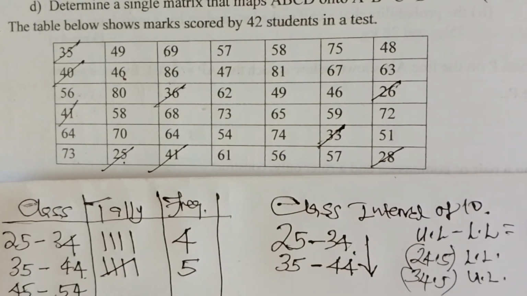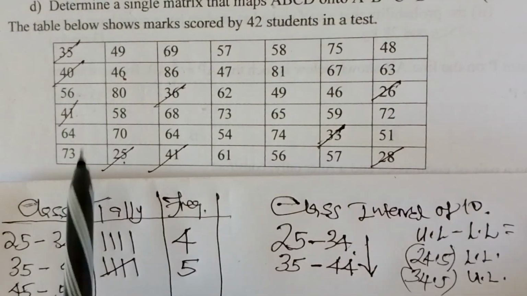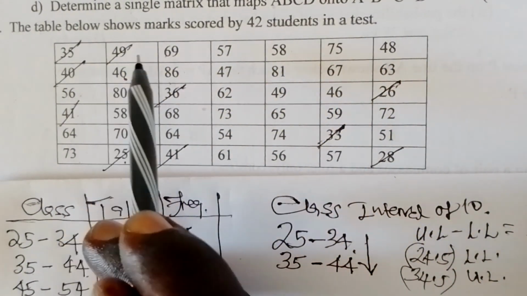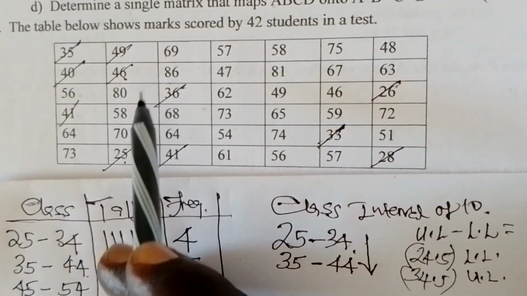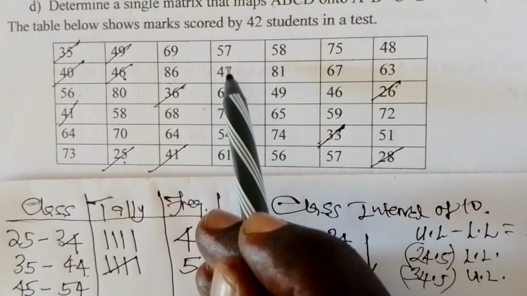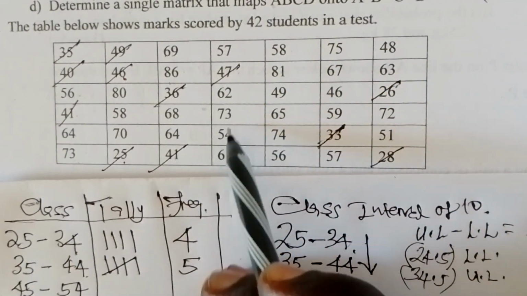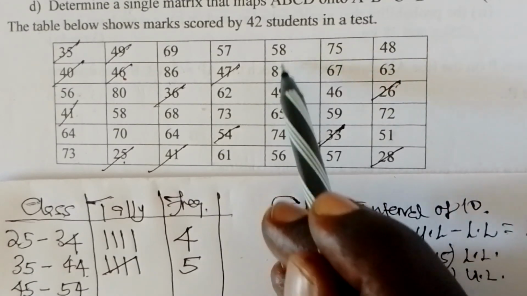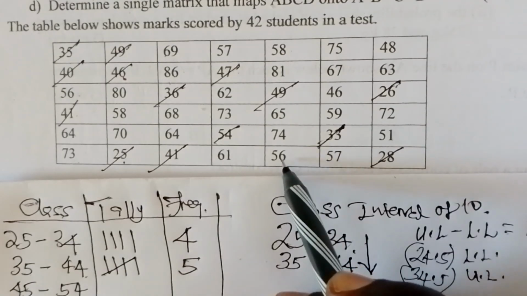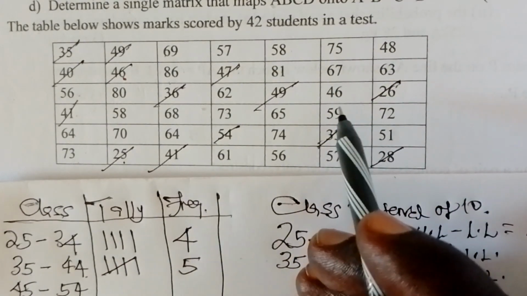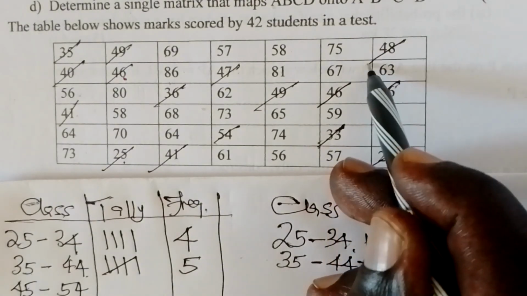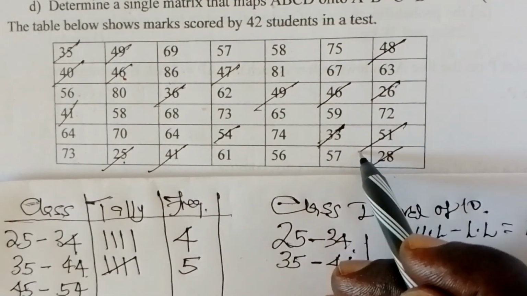45 and 54. We have 1, 2, 3, 4, 5, 6, 7, 8.